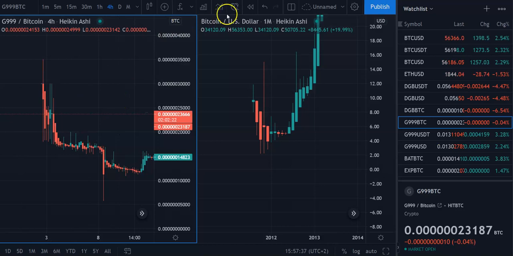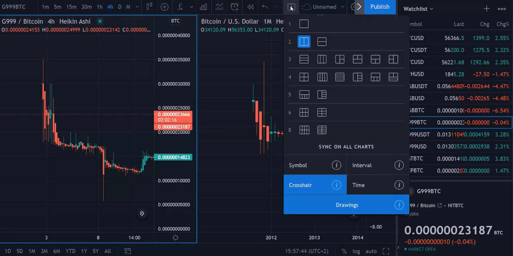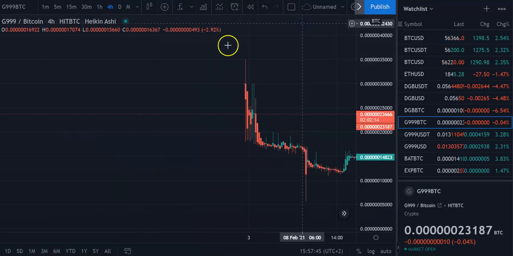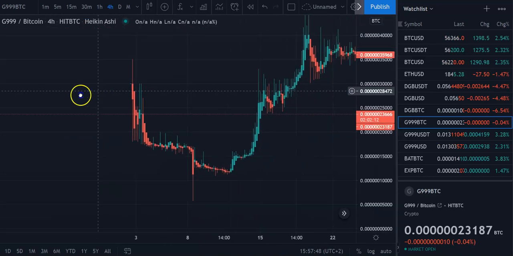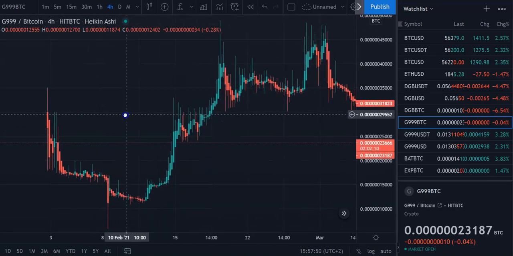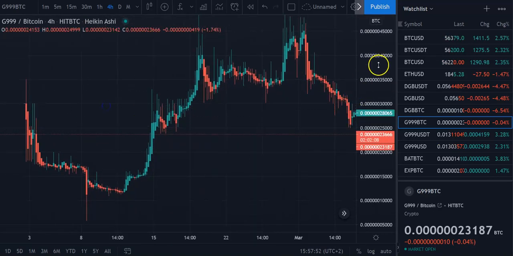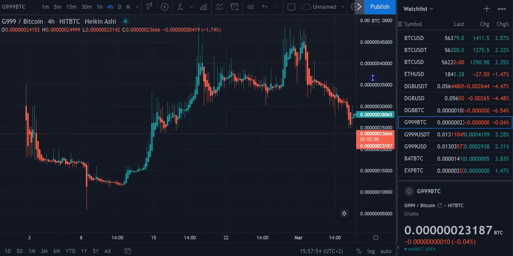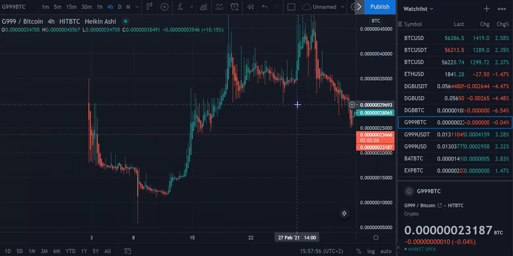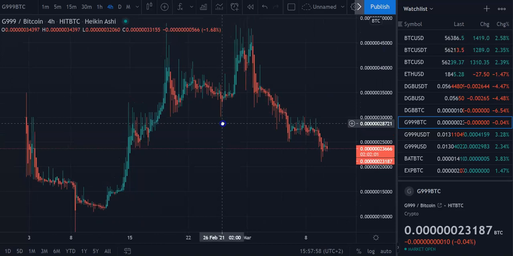And what we'll do now is have a look and see if we can find any patterns that have happened in the last month. I know it's a very short time, but this could shed a little bit of light on the G999 coin, where it is and where it is going.